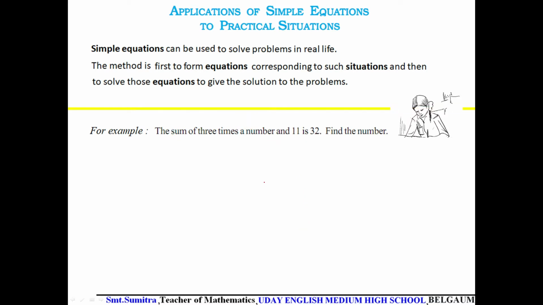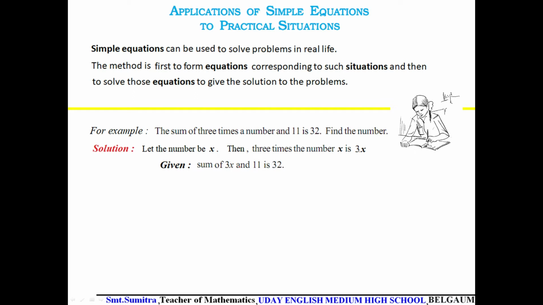Solution. Let that number be x. Then 3 times the number is 3x. What is given? Sum of 3x and 11 is 32. That is 3x plus 11 is equal to 32. Now you carry this 11 to the right hand side. It becomes minus 11.